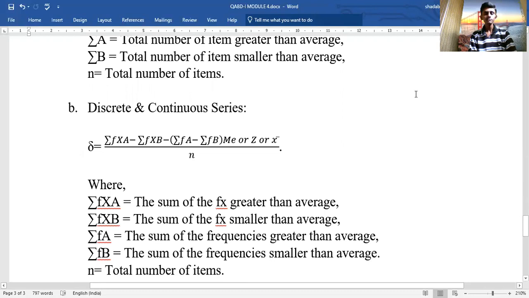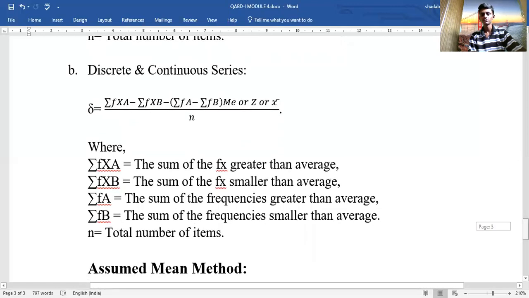It is delta equal sigma fx a minus sigma fx b minus open bracket sigma fa minus sigma fb close bracket, median or mode or mean, divided by n, where sigma fx a is the sum of the fx values greater than average, sigma fx b the sum of fx values smaller than average, sigma fa the sum of frequencies greater than average, sigma fb the sum of frequencies smaller than average.